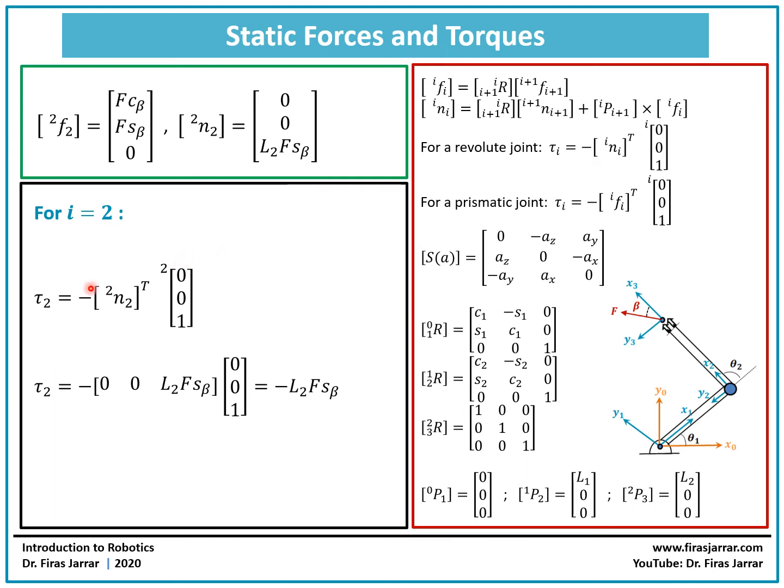And this can be represented as a matrix multiplication, as we said before, as a dot product between the two vectors. The dot product can be expressed as the transpose of the first vector times the second vector, so this column vector should be transposed into a row matrix. So I have 0, 0, L2 F sine beta, multiplied by 0, 0, 1, a unit vector in the z direction. So obviously the result is going to be minus L2 F sine beta.